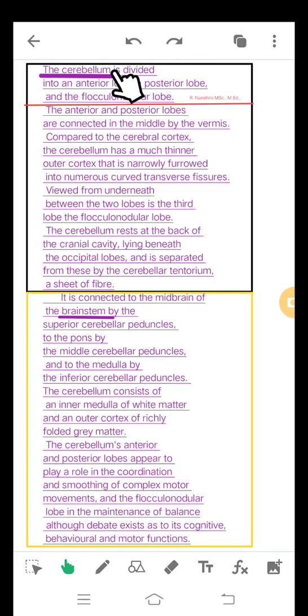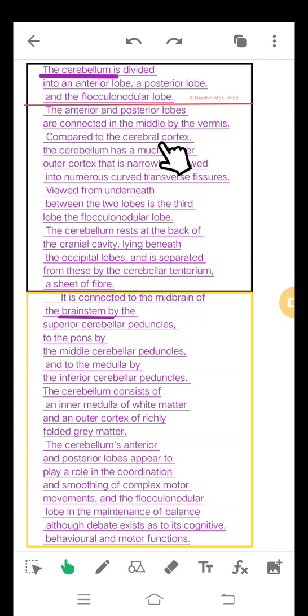Next, the cerebellum is divided into the anterior lobe, the posterior lobe, and the flocculonodular lobe. The anterior and posterior lobes are connected in the middle by the vermis.